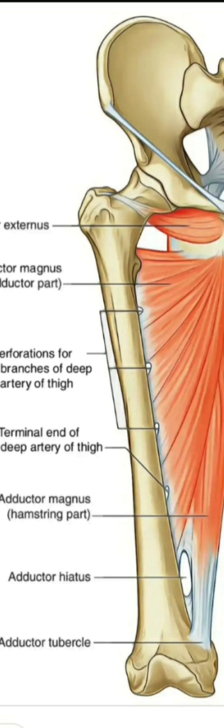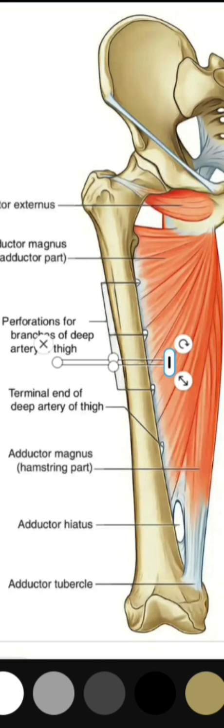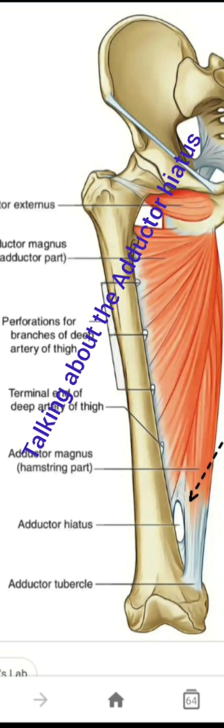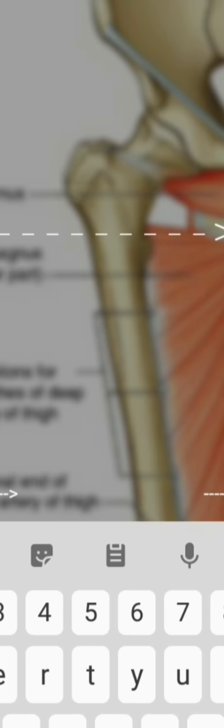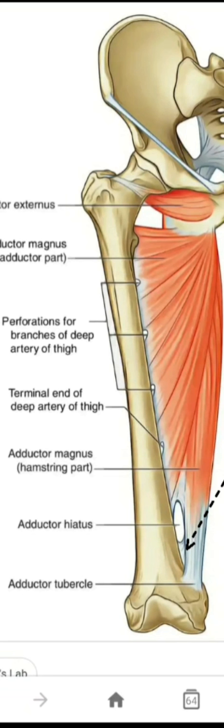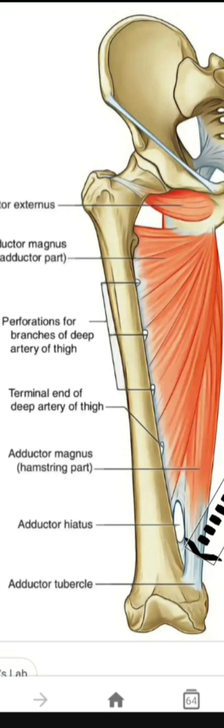Now, look at this image. This shows the aponeurotic and tendinous distal attachment of the adductor and the hamstring part of the adductor magnus, just lateral and superior to the adductor tubercle of the femur. As you can see, that is the adductor tubercle there.